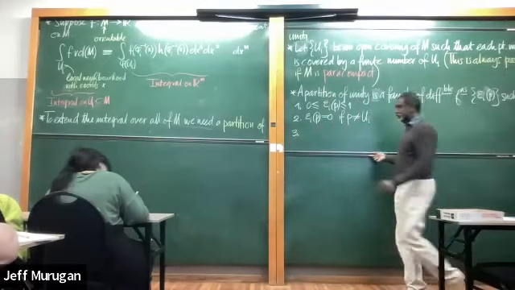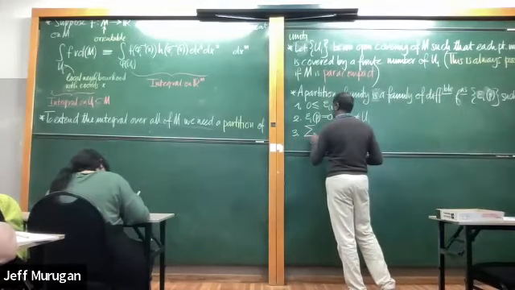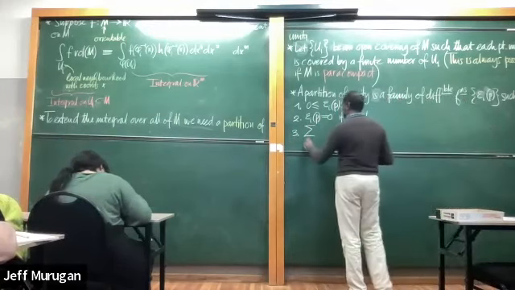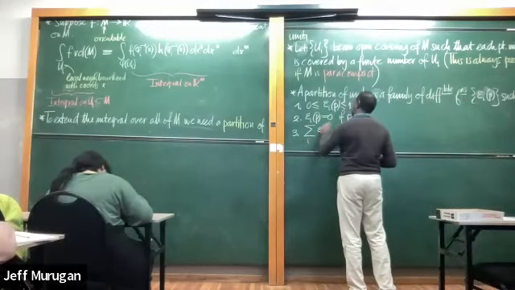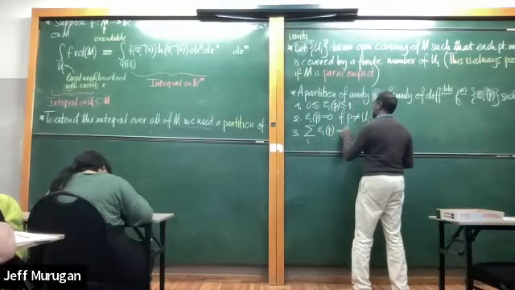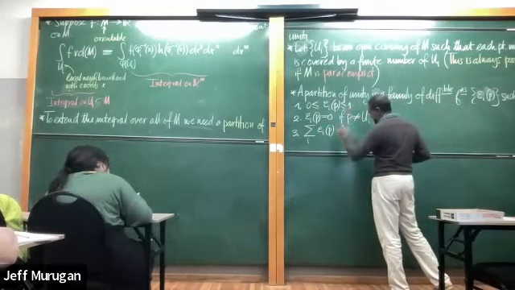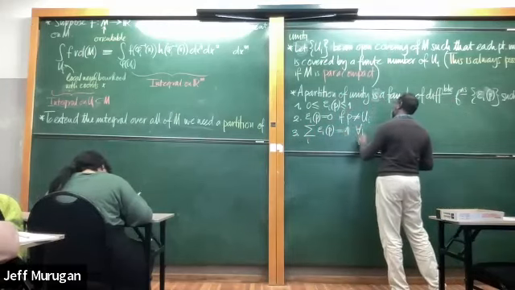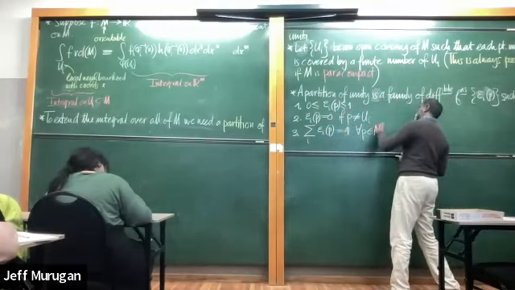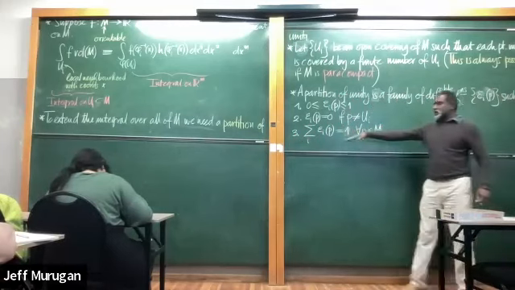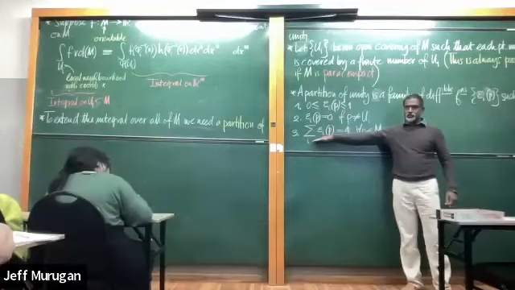And then finally, that the sum over i of epsilon_i of p equals 1, for all points p. And this is what we need paracompactness for: in a paracompact manifold, this sum is finite.